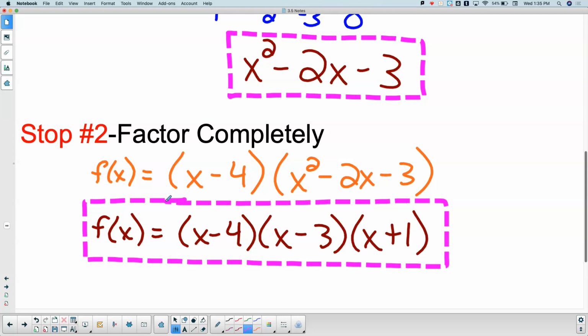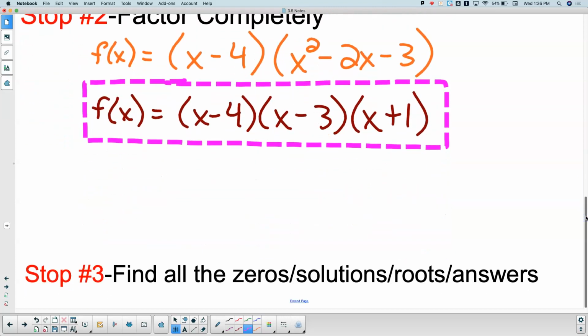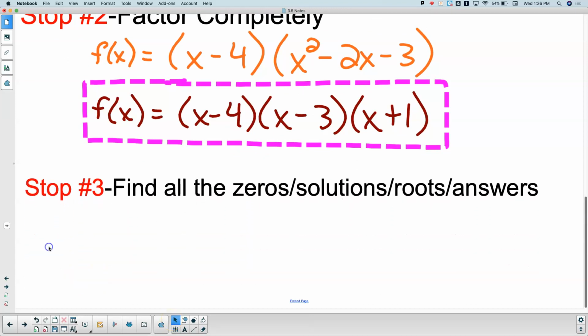Okay. And the last stop on our bus route, or our destination that we want to go, is stop number 3, where it says, find all the zeros, the solutions, the roots, or the answers. Well, in order to do that, I'm either going to be given a 0 or I'm going to be given a factor, so I'm going to have to divide that out, that's stop number 1.